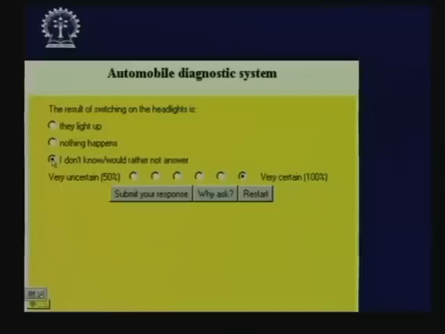Now, see, this sort of facility is also being given. So, your rule base must be able to capture those also, and if you are either very certain or very uncertain, you can submit your response. You can also ask, why are you asking me this, and the system should be able to explain that. Okay. So, these are typical GUIs.